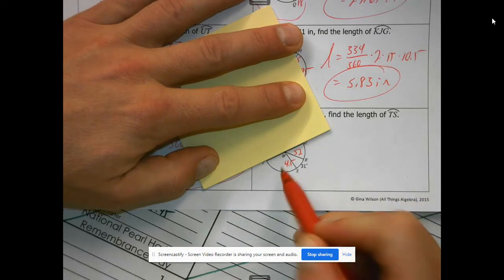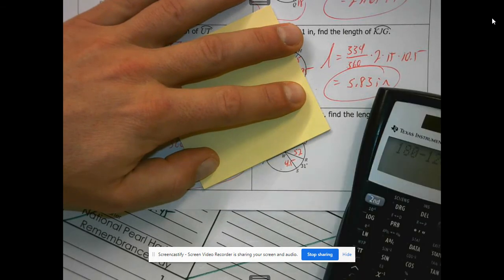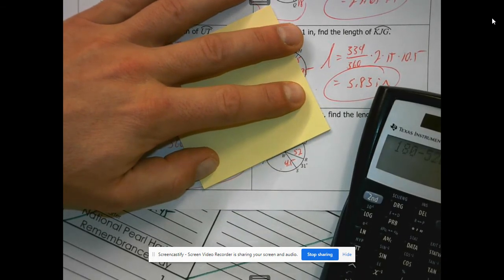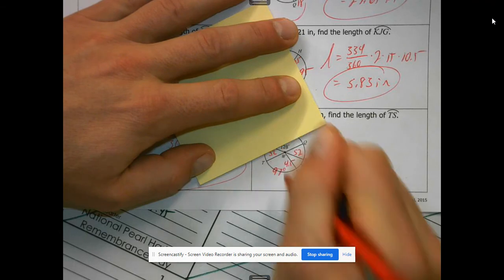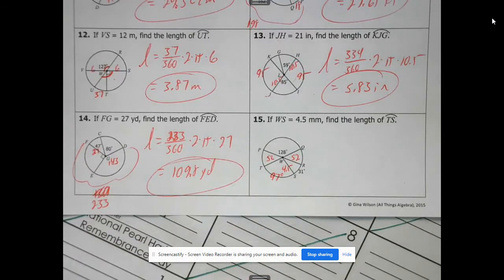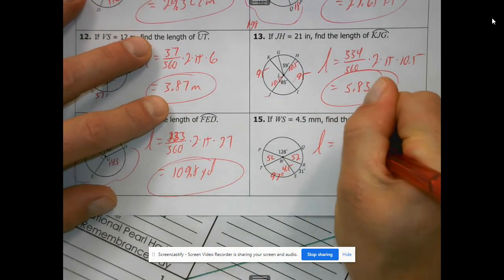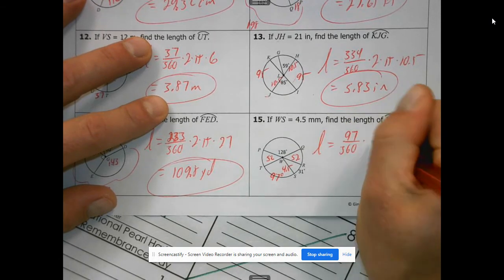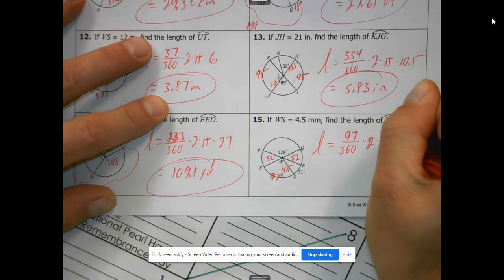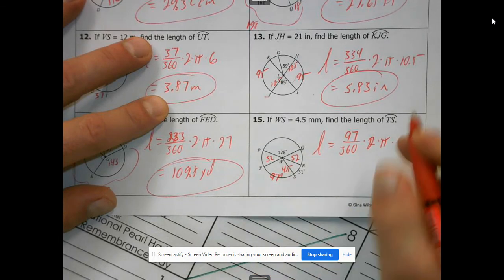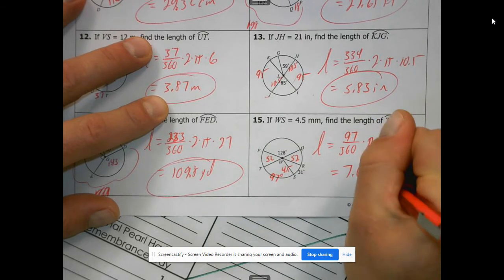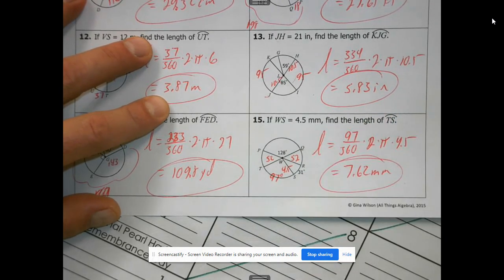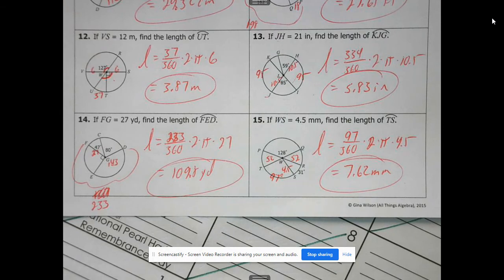What's left for TS? 97. So if you take the 180 minus 52 minus the 31, you're left with 97. So this central angle, 97 degrees. Central angle, 97, divide by 360, times 2, times pi, times radius, which is 4.5. Push the buttons, 7.62 millimeters. That is it for central angles and arc length.